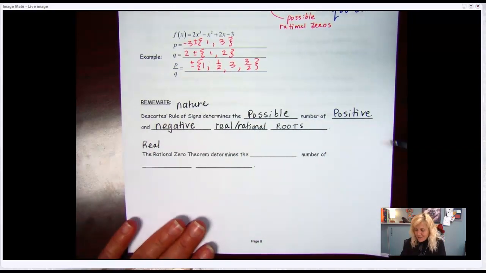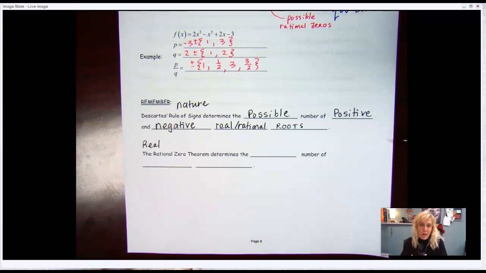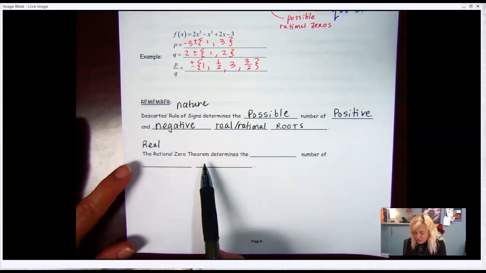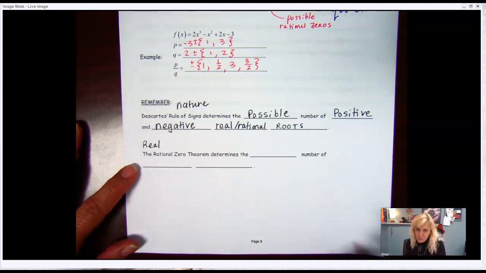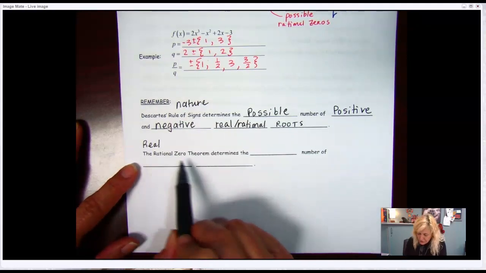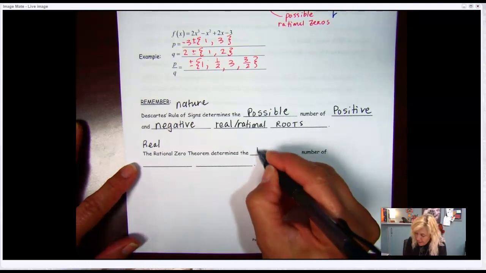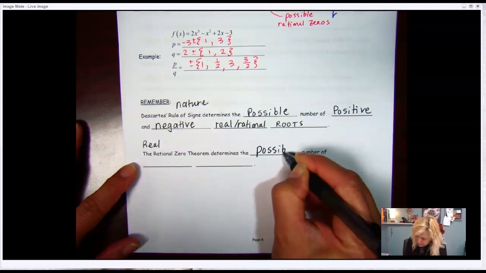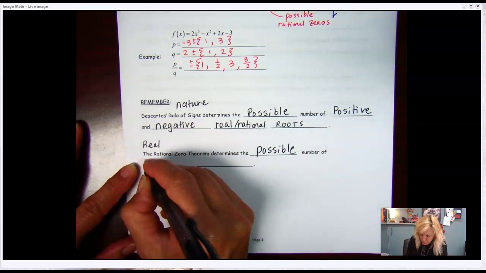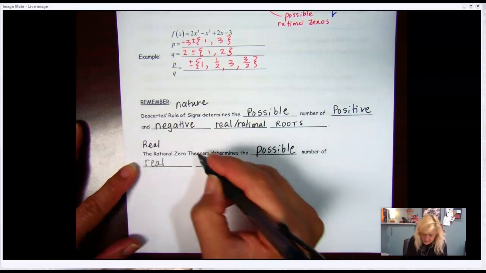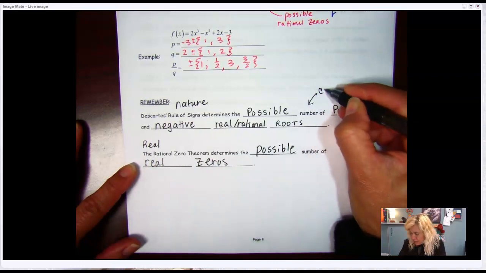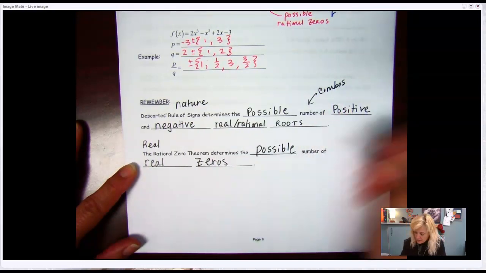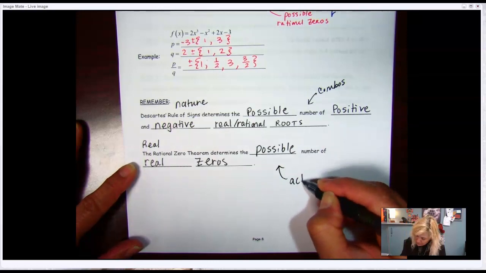So Descartes just kind of tells you the possibilities. The rational zero theorem, that tells you what those possibilities actually are. So the rational zero theorem determines the possible number of real zeros. This tells you the combos. This tells you what they actually could be.